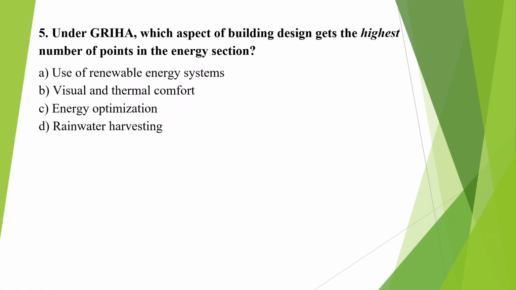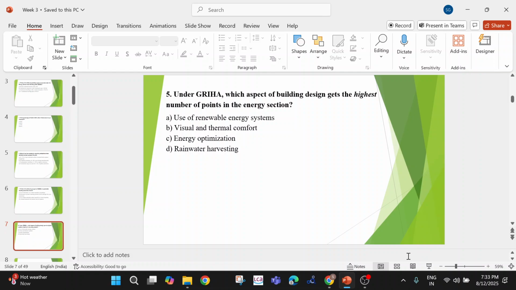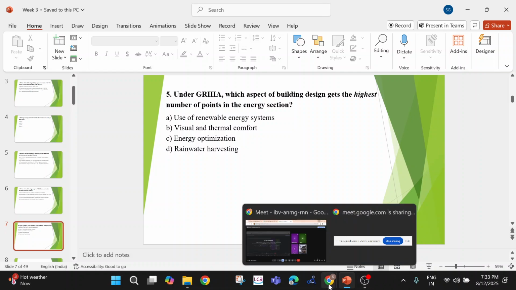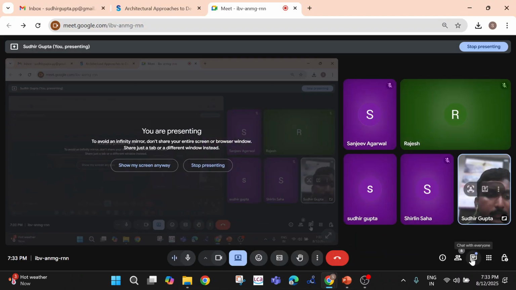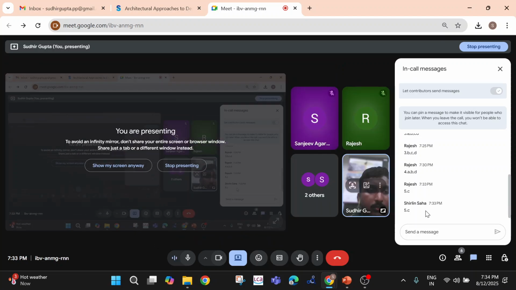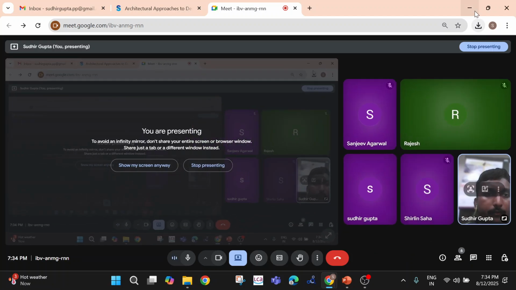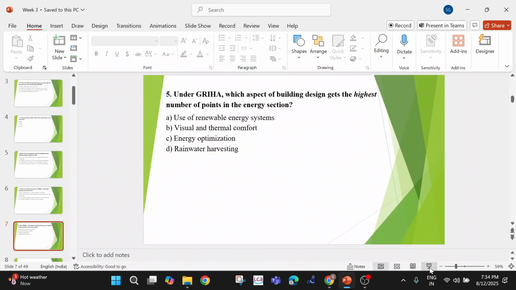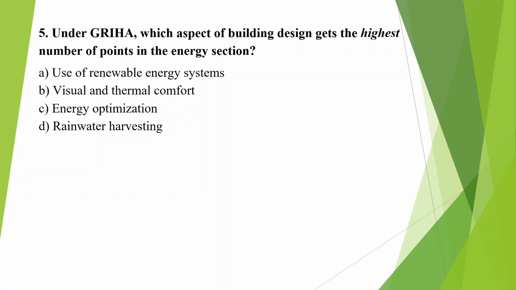So I hope this was a very straightforward question, but in this also you will have to recall or revise the things that you have studied. Based on that, I can see two answers have been given, and both of them are opting for option C, and they are absolutely correct that energy optimization has the highest number of points under GRIHA, because it accounts for around 12 points, the highest within the energy category.